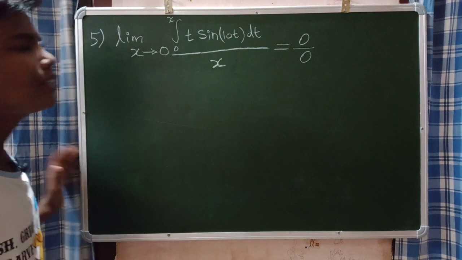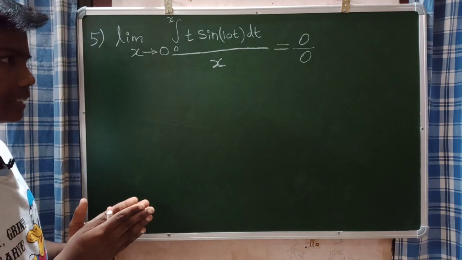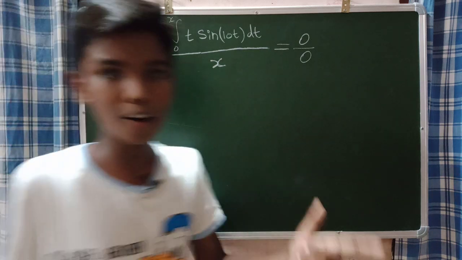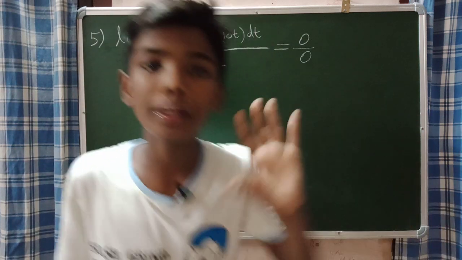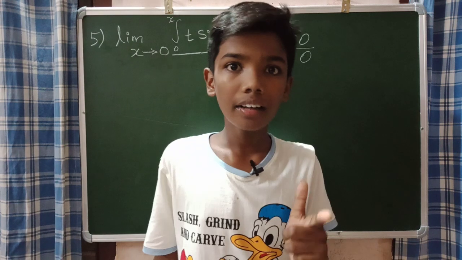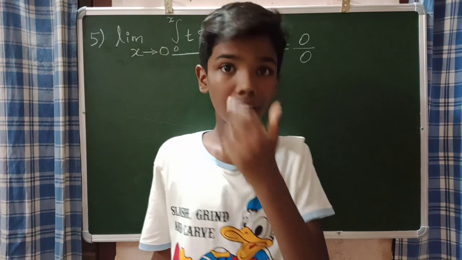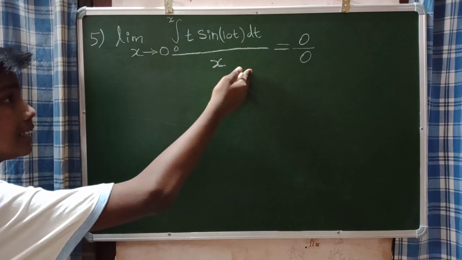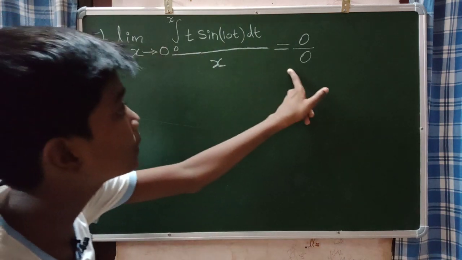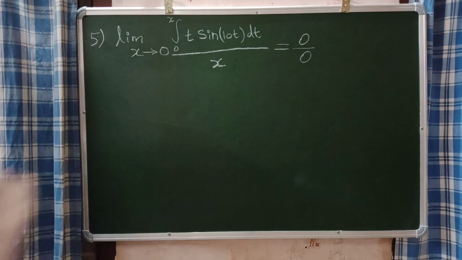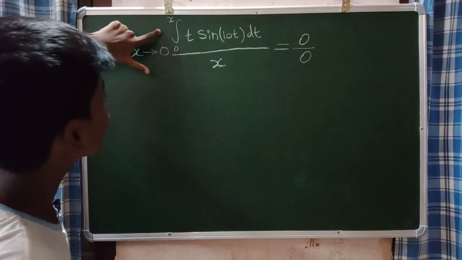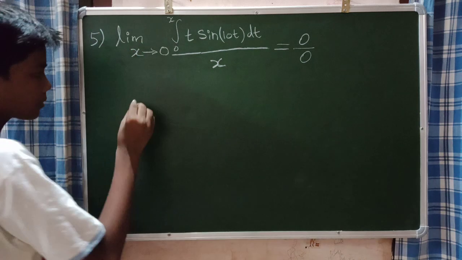So we need to see one thing, guys. When we get an indeterminate form, we can apply L'Hopital rule, which you learned in your limits. Using L'Hopital rule, I can solve this question because we are getting 0 by 0. What does the L'Hopital rule say? We should differentiate the numerator and differentiate the denominator.